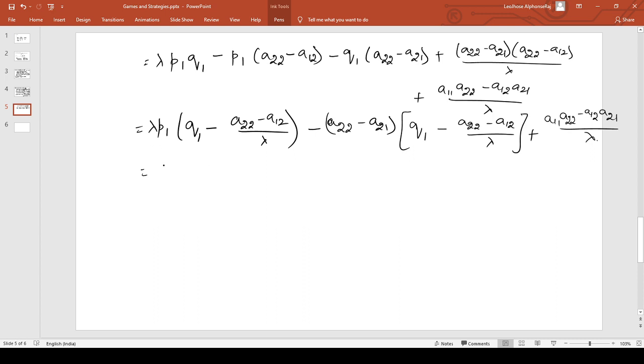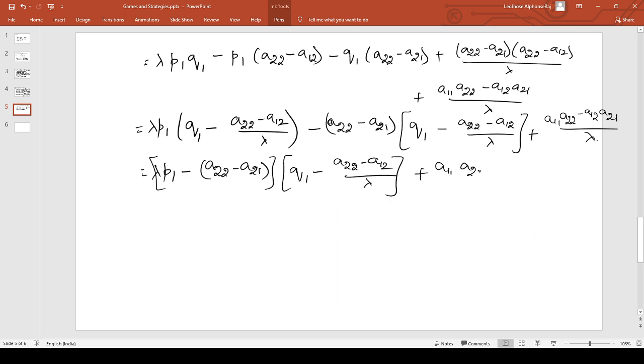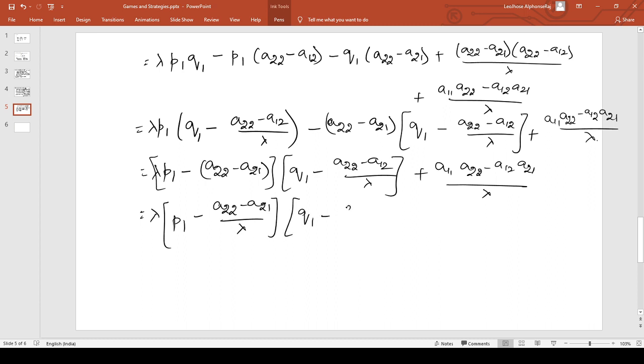Again, from these two you can take lambda P1 minus A22 minus A21. These terms can be clubbed together so that we get Q1 minus A22 minus A12 divided by lambda plus the last term. Now you're supposed to take lambda outside, so that P1 minus A22 minus A21 divided by lambda into Q1 minus A22 minus A12 divided by lambda plus A11 A22 minus A12 A21.